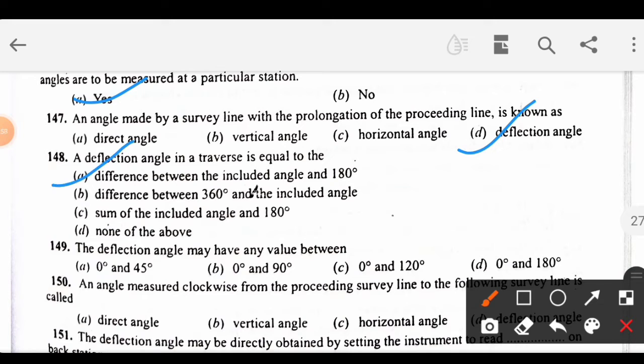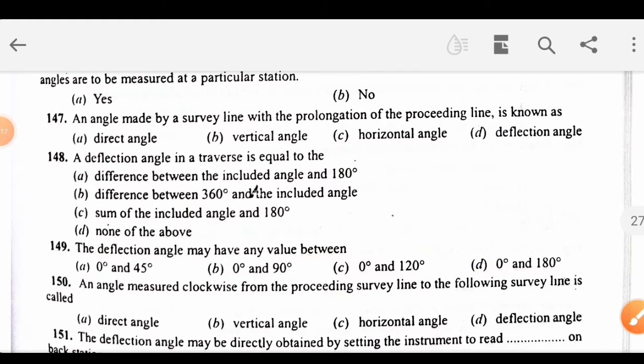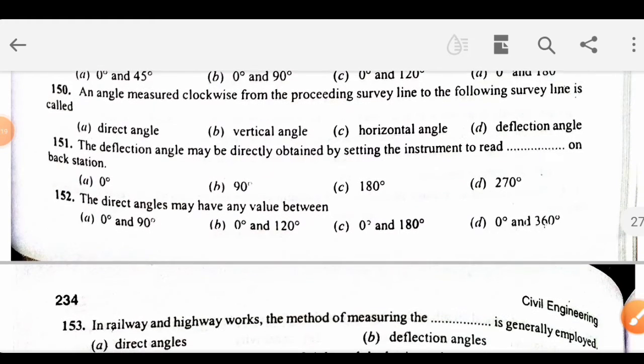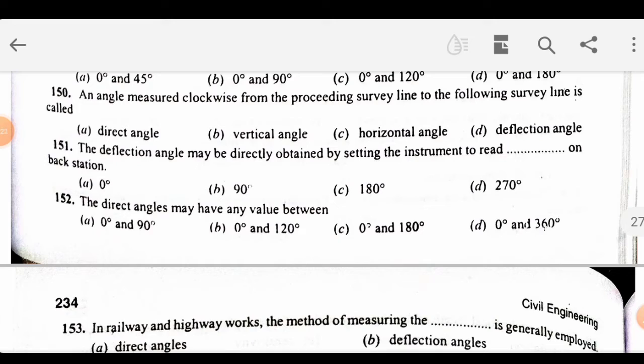Correct answer A. The deflection angle may have any value between 0 degree and 180 degree. 150 नंबर क्वेश्चन देखो, an angle measured clockwise from the preceding survey line to the following survey line is called direct angle.